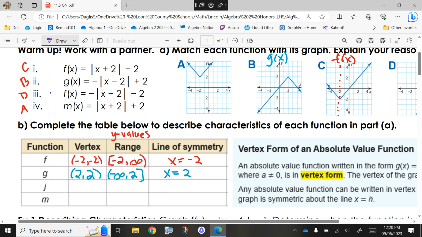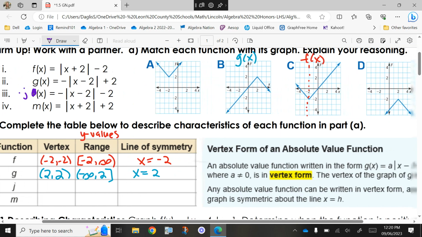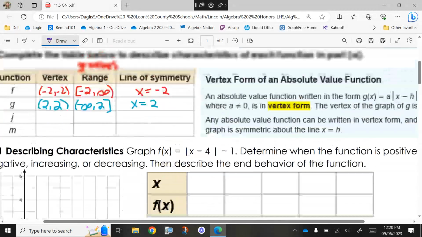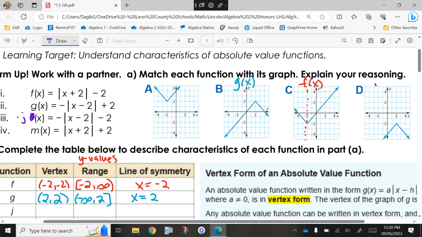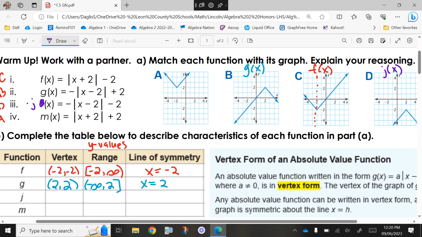Okay. J of x. So we're going to look at graph D now. What was our vertex for that one? X is 2, y is -2.